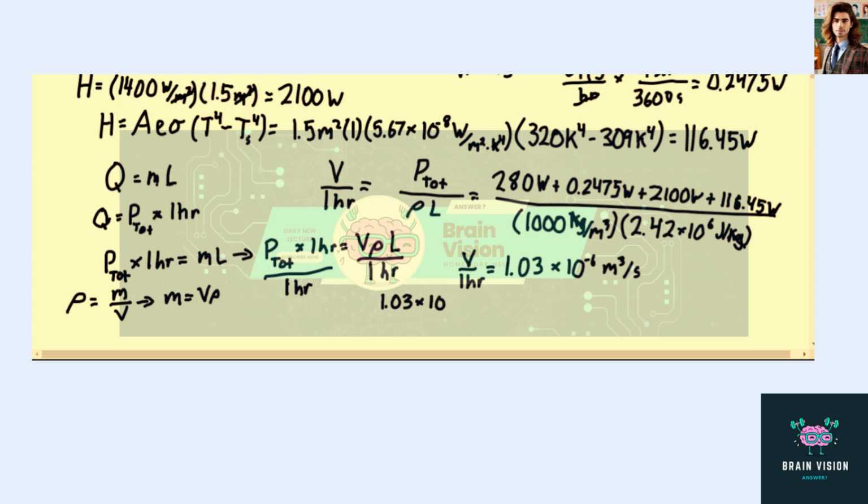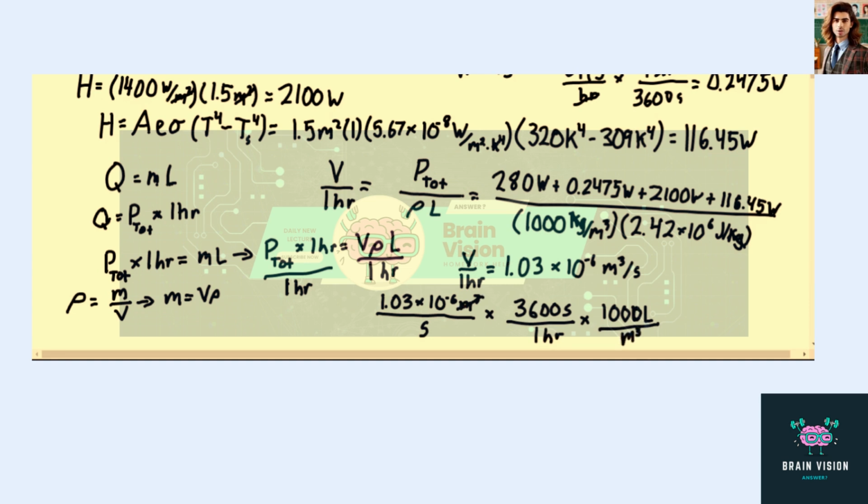So to do that, we'll need to take that 1.03 times 10 to the minus 6 cubic meters per second and multiply by the number of seconds there are in an hour, 3,600 over 1 hour, times 1,000 liters per cubic meter.